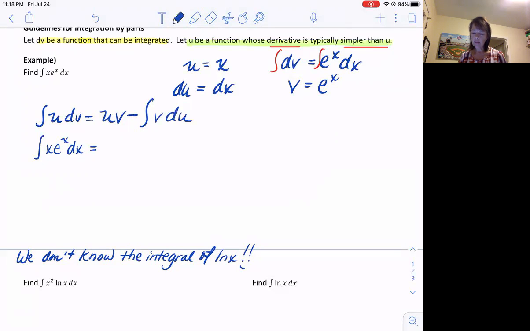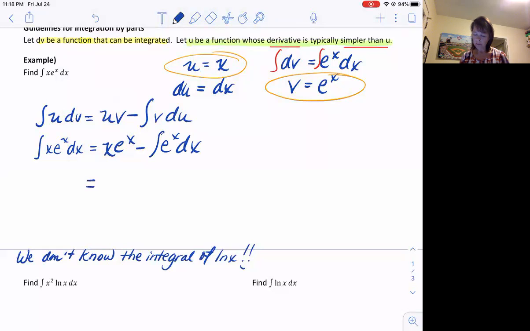Taking the information I've already set up, the integral of x e to the x dx is equal to my u, which is x, my v, which is e to the x, and then a minus sign. That's always something you have to be clear about when you're subtracting quantities: minus the integral of e to the x dx.